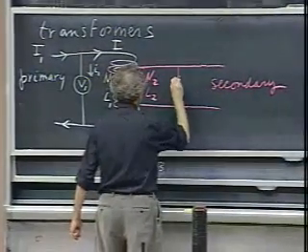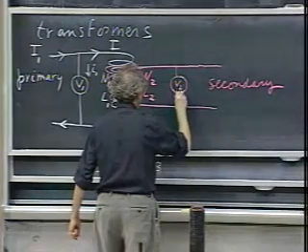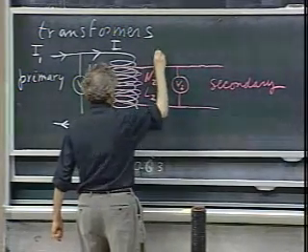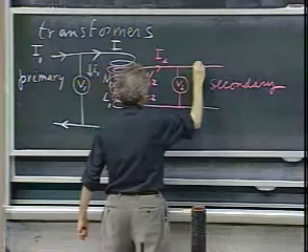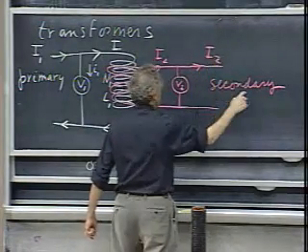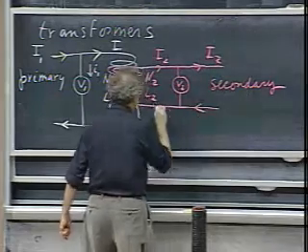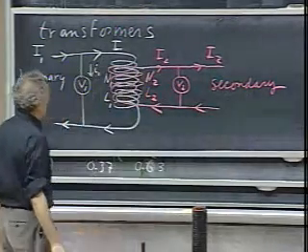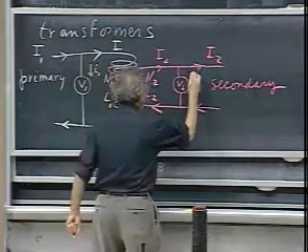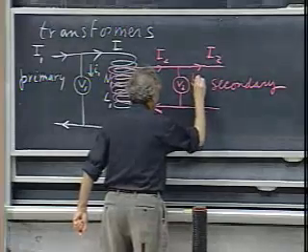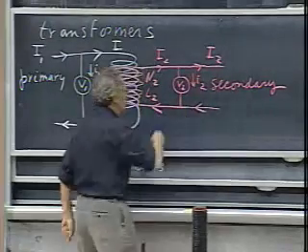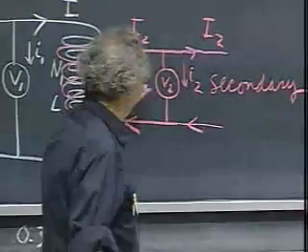And I put here a voltmeter V2. The current I2 is flowing here. This is I2. Here's the consumer. This is where you are, maybe. And I2 is flowing back through the coil. And here is this teeny weeny little current I2 flowing so that I can monitor the value of V2.